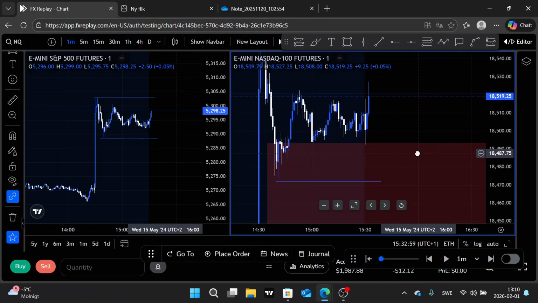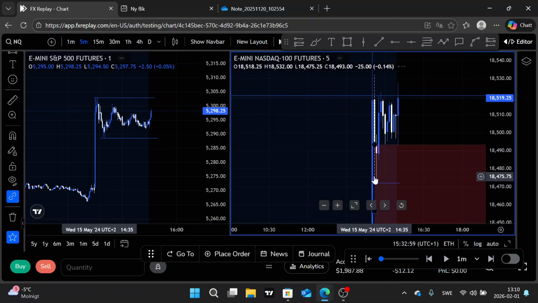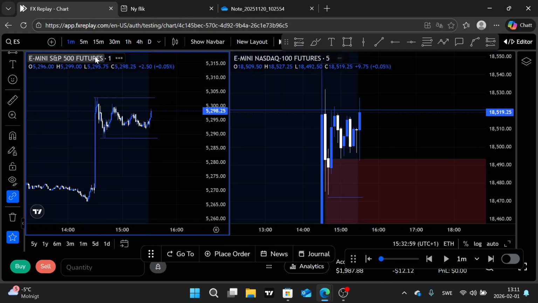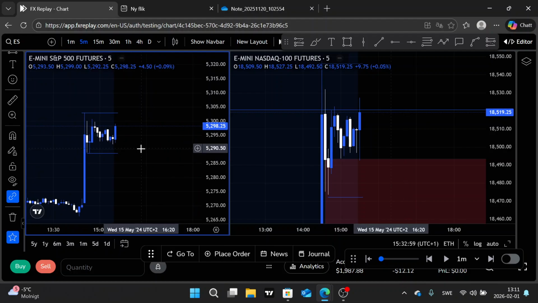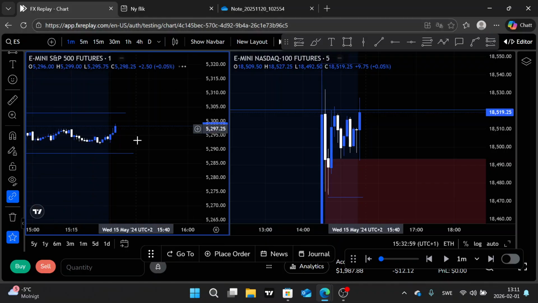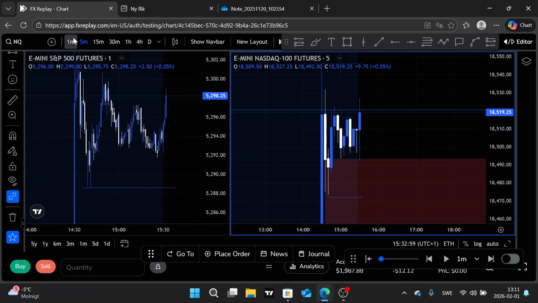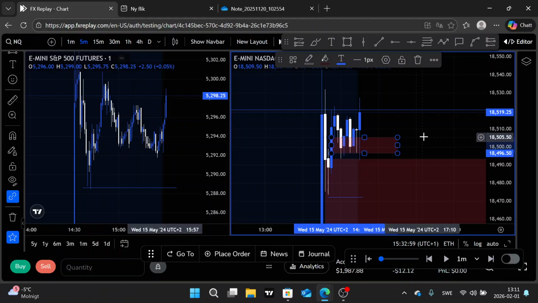Still bullish. We respect this fair value gap, 5 minutes fair value gap.